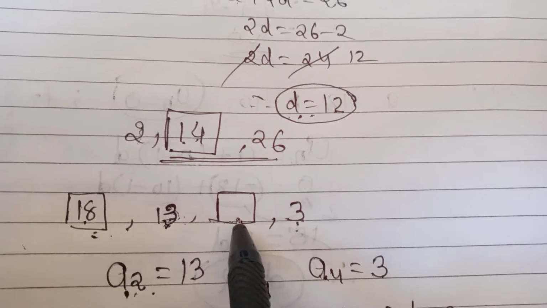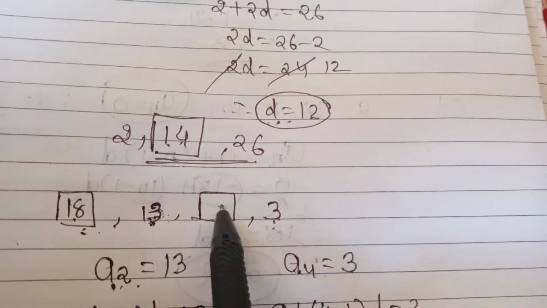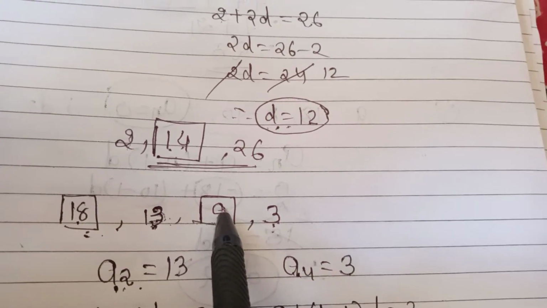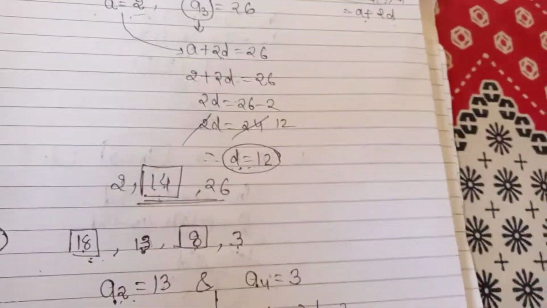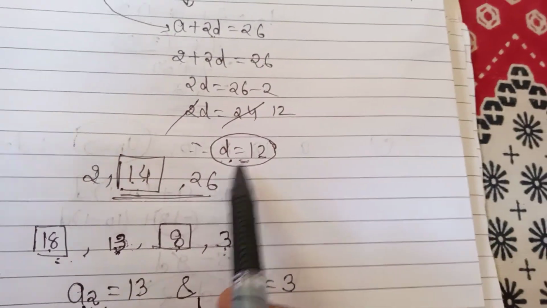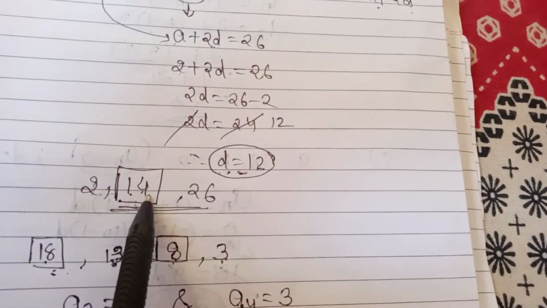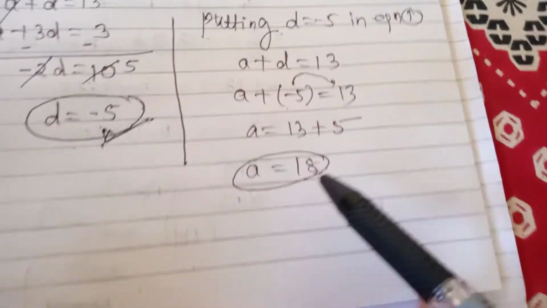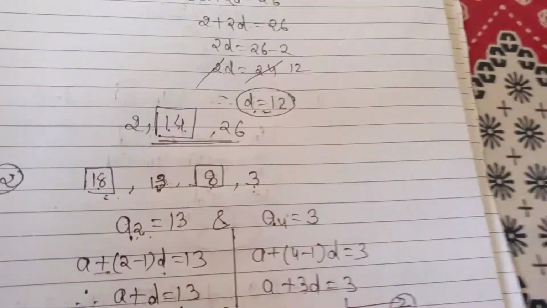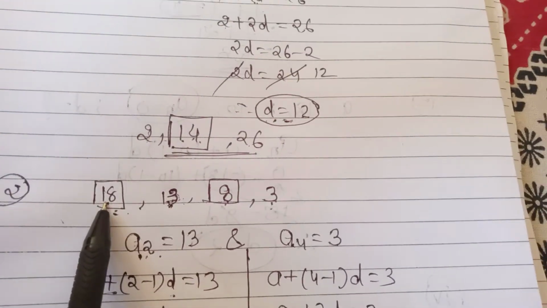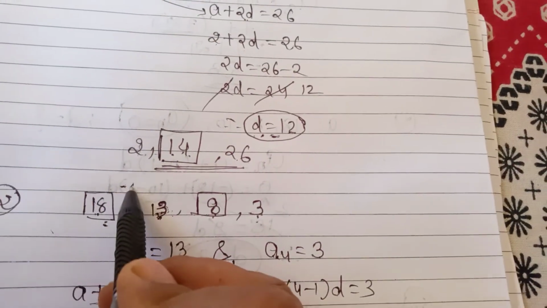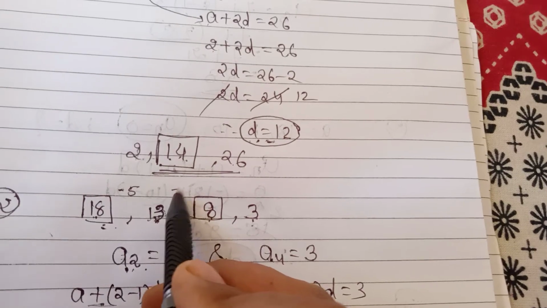Now what will be the third term? What is 13 minus 5? 13 minus 5 is 8. See what is the difference between the first and second question. In the first question d was positive, so we added d for the next consecutive term, and in the second question d is negative. After finding the first term, I have written it, and you can clearly see that there is a difference of minus 5. 13 minus 5 is 8.